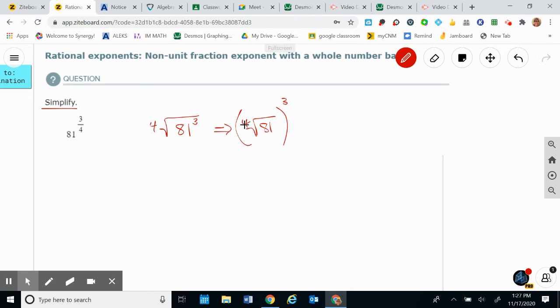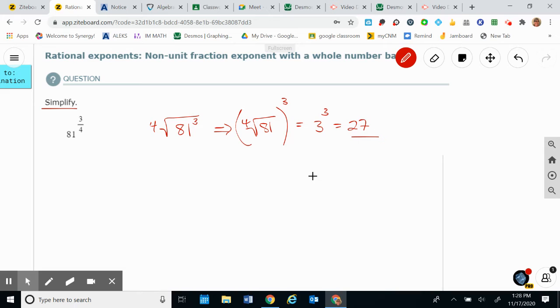Okay, I don't know what 81 cubed is, but I don't want to cube 81, you guys. I really don't. It's much easier to take the fourth root of 81, which is 3. Okay, because 81 is 3 times 3 times 3 times 3, 3 times 3 is 9 times 3 is 27 times 3 is 81. So it's 3, and then you cube it, and that's equal to 27.